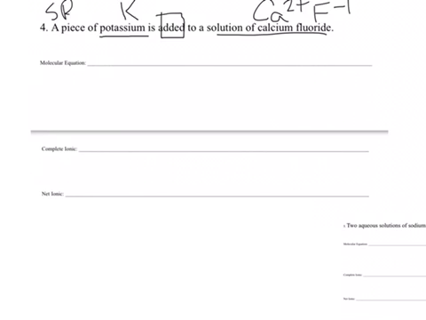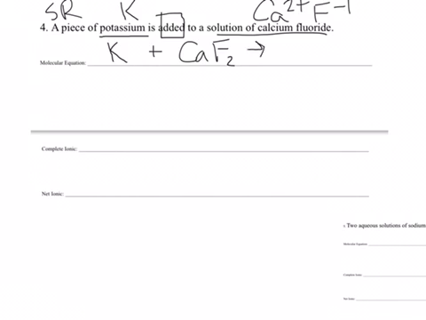In the molecular equation, we need to write all of the chemicals that are reacting. I'm going to check the charges for calcium and for fluoride to write the correct formula for calcium fluoride. And then I'm going to predict the products.